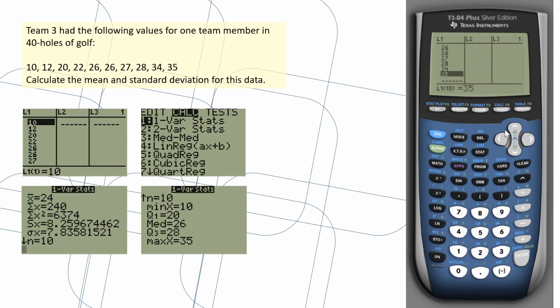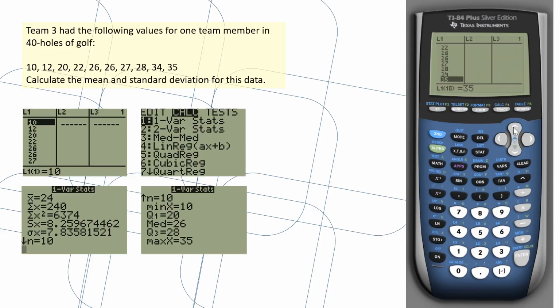So you can see when I move back up here, my last value, my 10th value, is the number 35. And I can come back up to the top and just quickly double check, but I've got 10, 12, 20, 22, 2 26s, a 27, a 28, a 34, and a 35. So my data is in there correctly.